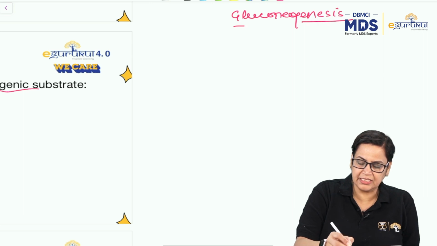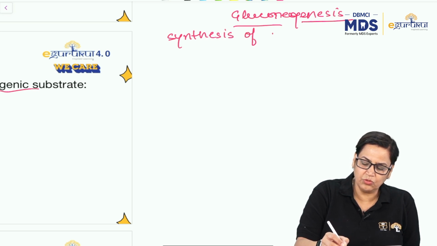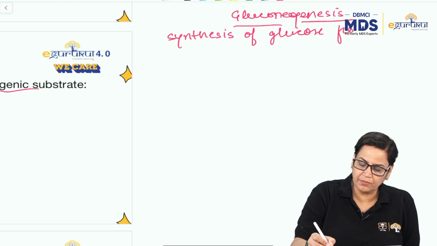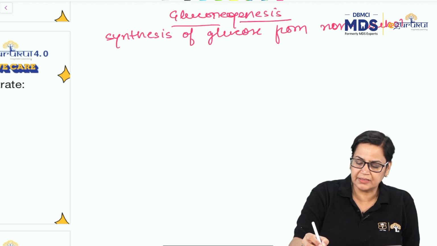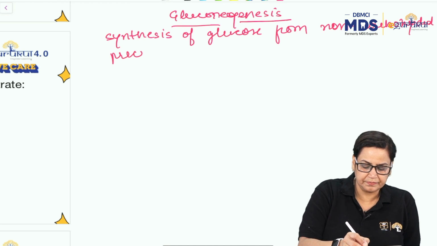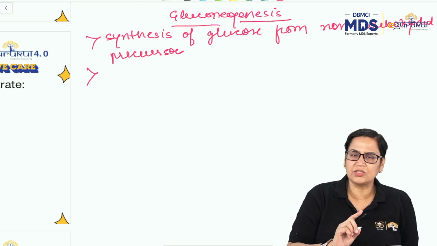Simple. Genesis means synthesis. Synthesis of glucose. कहाँ से? From non-carbohydrate precursors. This is the definition of gluconeogenesis. Synthesis of glucose from non-carbohydrate precursors.